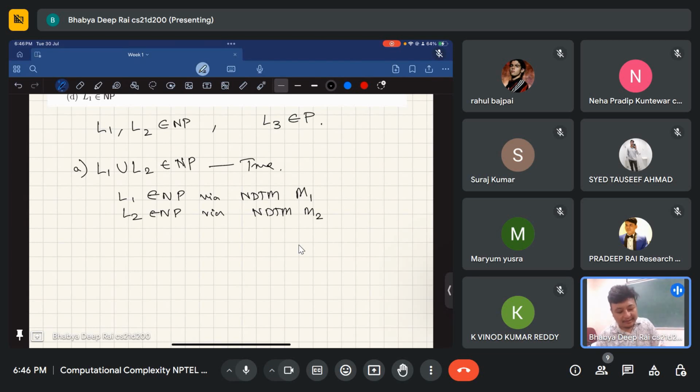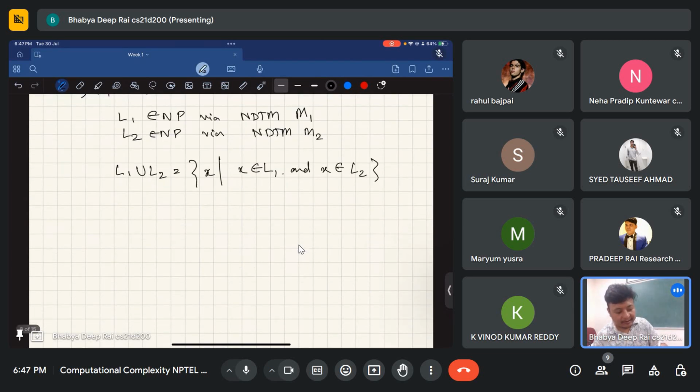Now I want to do the union. What is meant by union? L1 union L2 means all the strings that are in L1 or in L2. So how do I solve this?